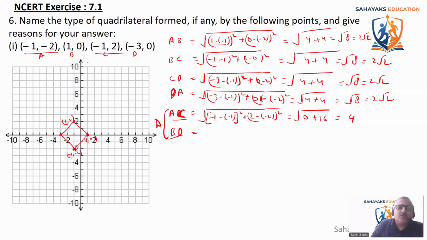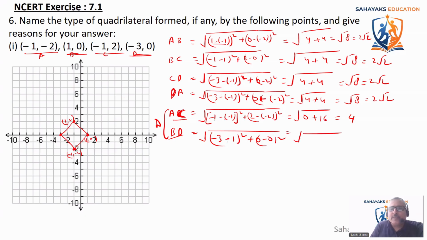Let's find out BD also. This is B and this is D. Again, square root of (-3 minus 1) square plus (0 minus 0) square. Minus 3 minus 1 is minus 4.